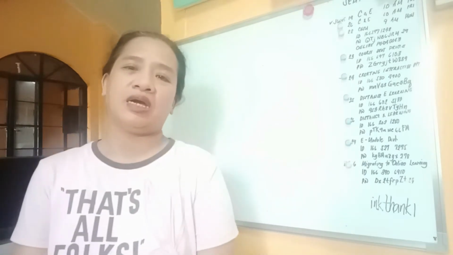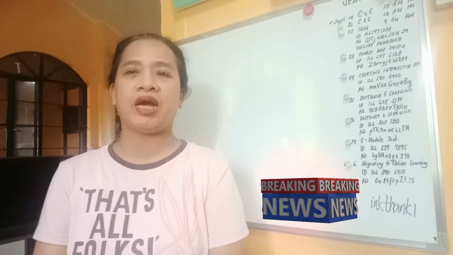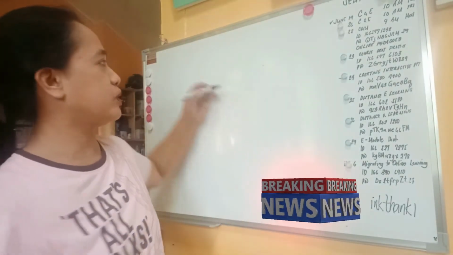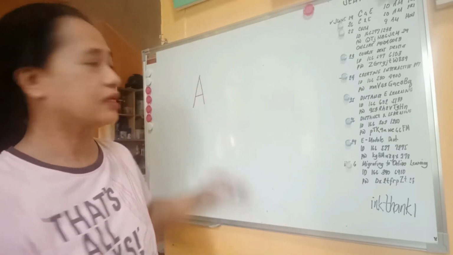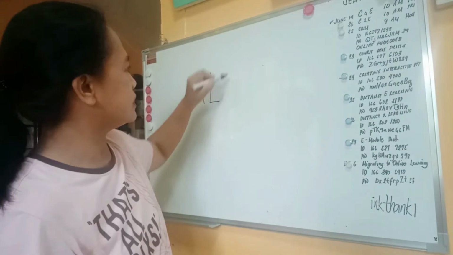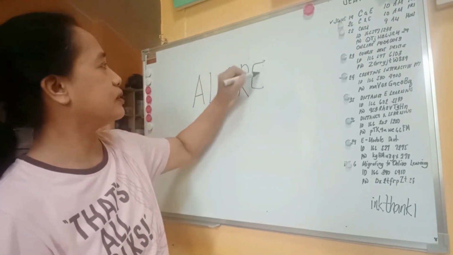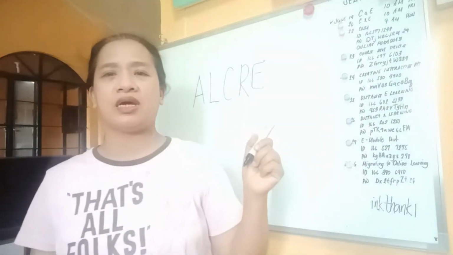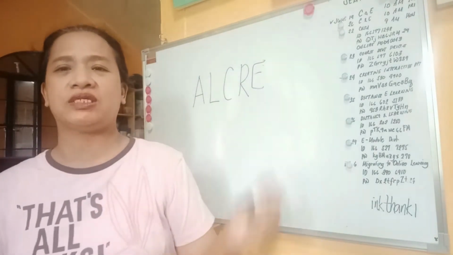Okay. If you will notice, I will give you the 5 ALCRE rule that I have. So these 5, let's start with asset, liabilities, capital, revenue, and expense. So this is the ALCRE rule, wherein you will learn the basic, but yet comprehensive idea.